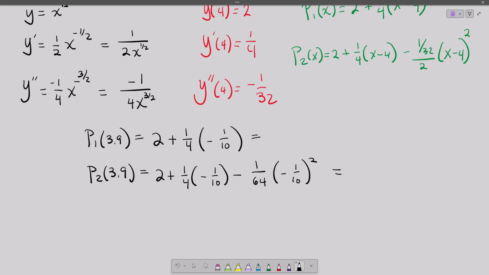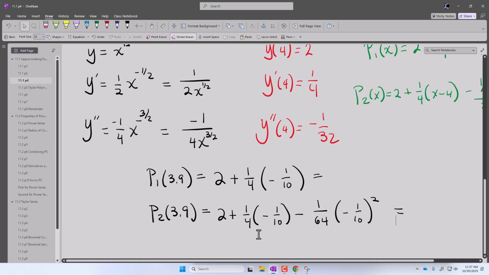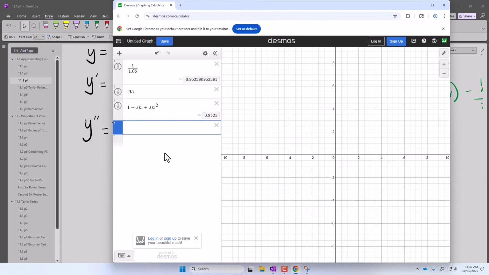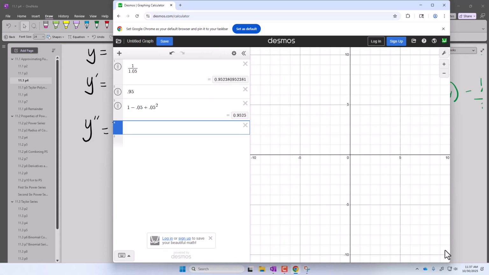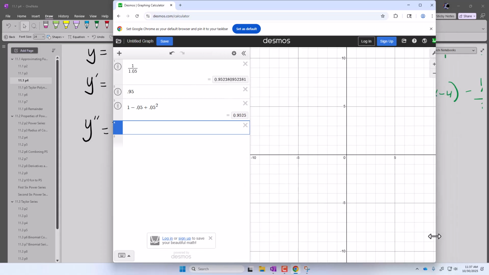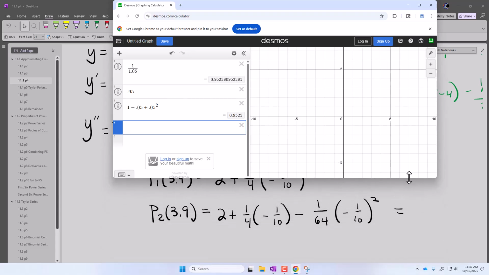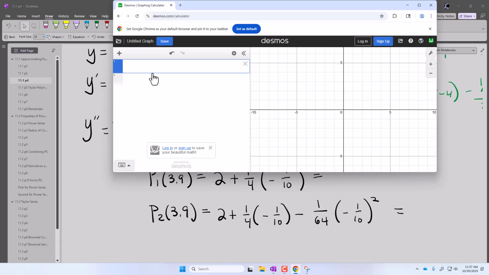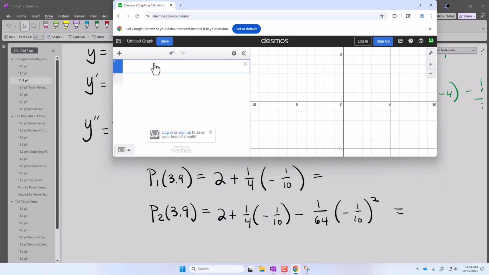So, pull up our grapher. There we go. So our first approximation is going to be, just going to add this stuff up. Well, I guess that's really minus 1 over 40.